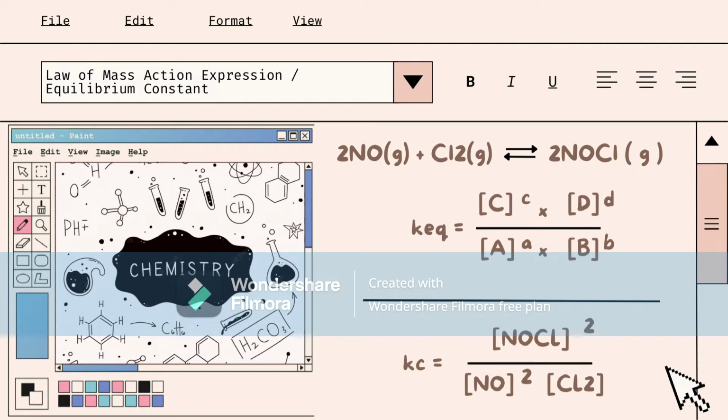NOCl as its numerator represents capital C and 2 represents small letter c, and NO as its denominator represents A, and the 2 outside the bracket represents the small letter a. And lastly, Cl2 represents the capital letter B. We're done. So the equilibrium constant expression would be NOCl squared over NO squared times Cl2.